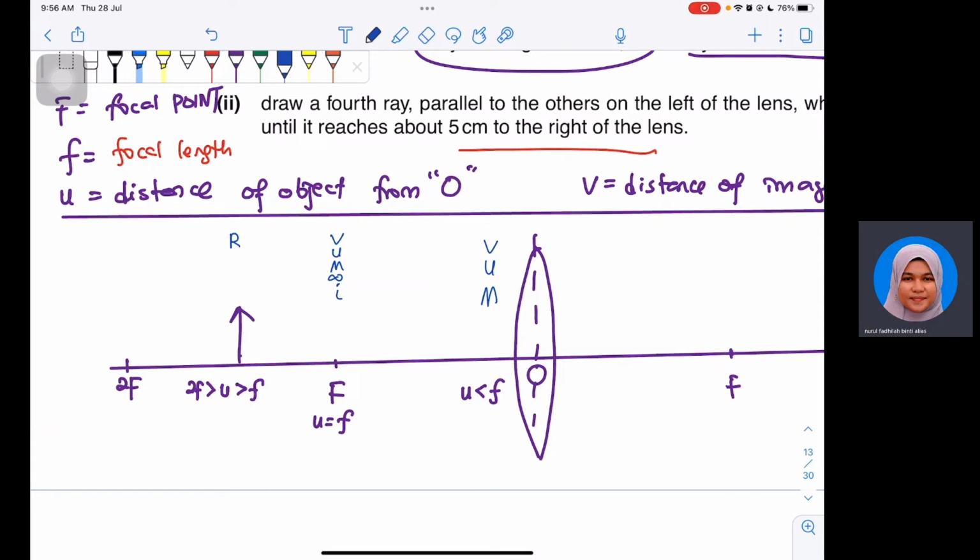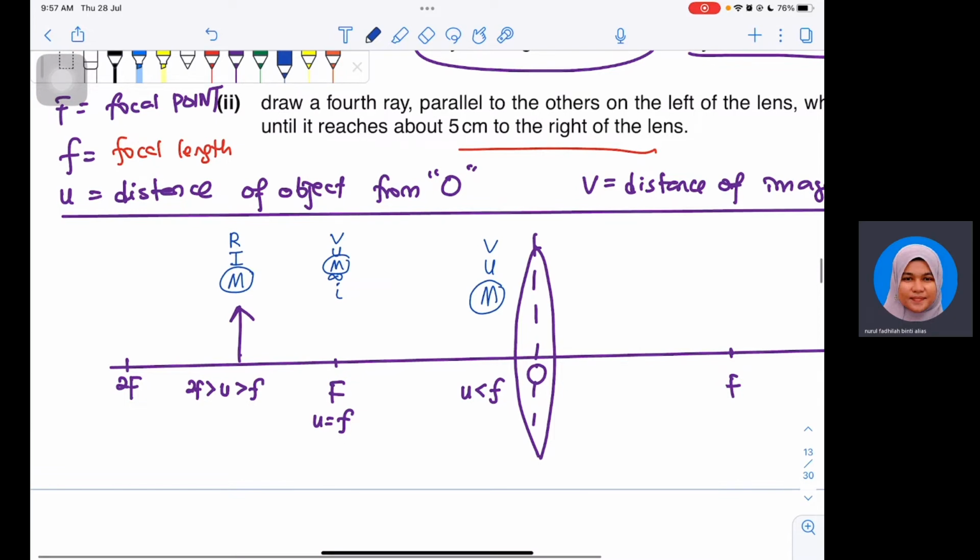Masih lagi sama tadi vumi, it's just that tadi vumi dia you tak dapat nak capture it. So sekarang you start to get real image and inverted. However, dia masih lagi magnified. Tapi dua ciri yang atas dah berubah. Boleh Aisyah?